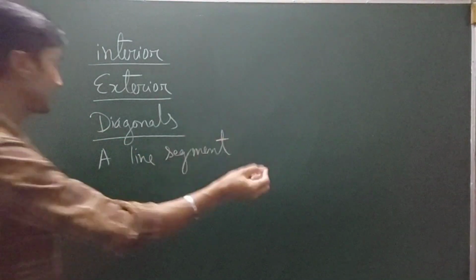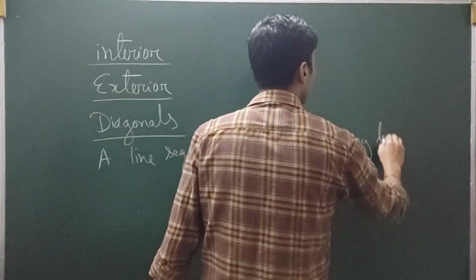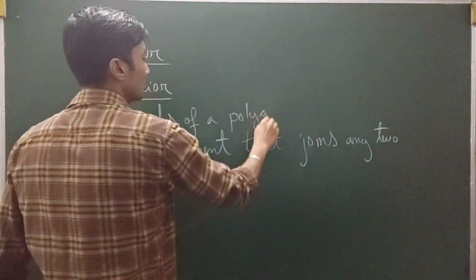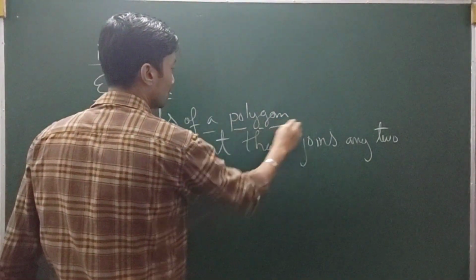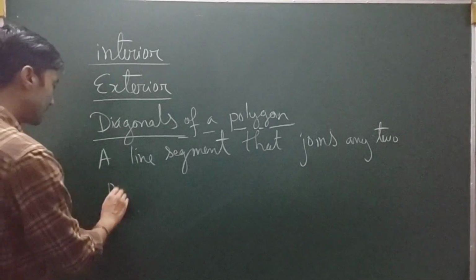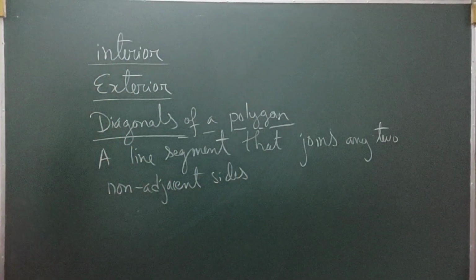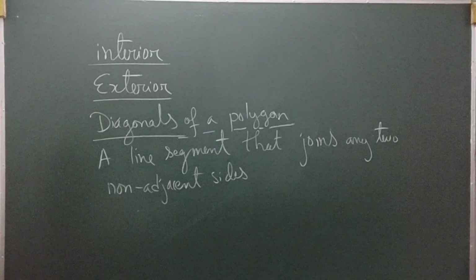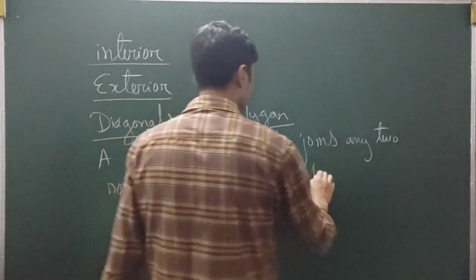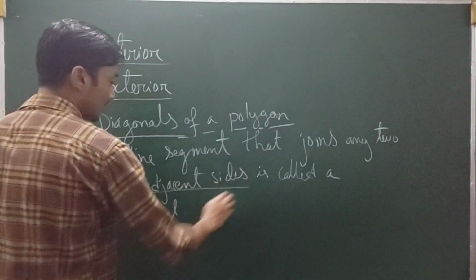A line segment that joins any two non-adjacent sides is called a diagonal, or not only non-adjacent sides, maybe even vertices.